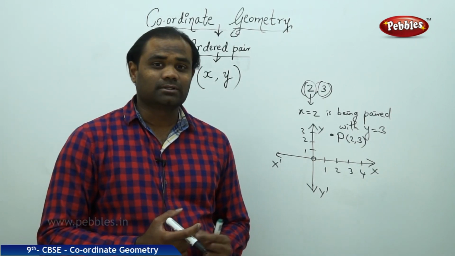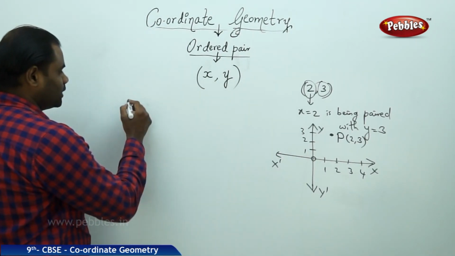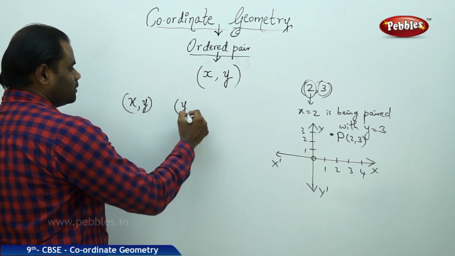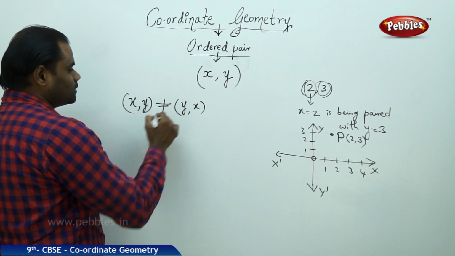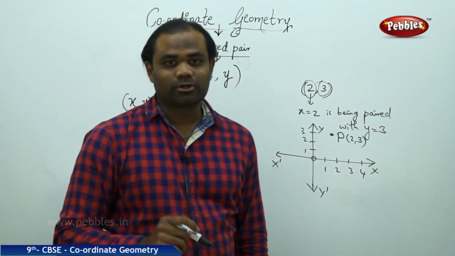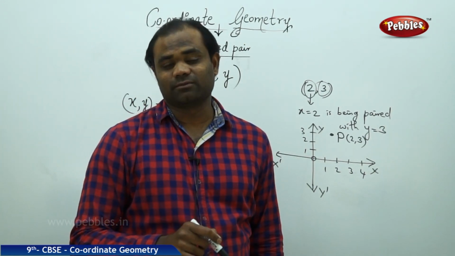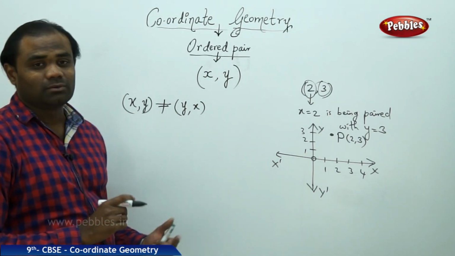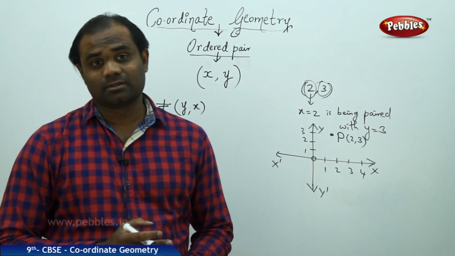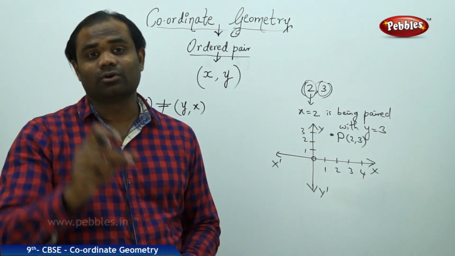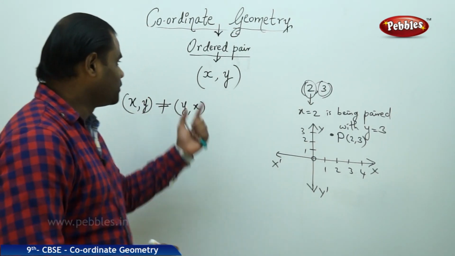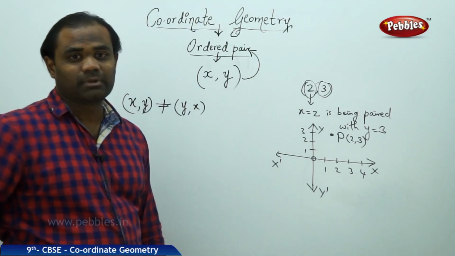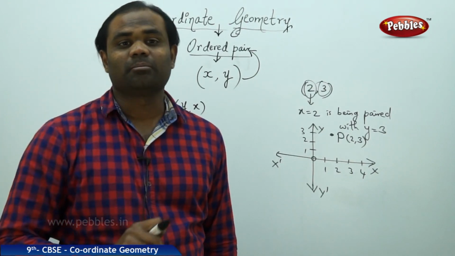It is very important that when you take the coordinates x and y in the pair, the reversed order will never be equal. This is an important note in the branch of mathematics. The pair (x, y) will never be equal to the pair (y, x) because they maintain an order, and hence every point (x, y) in the xy coordinate system or the Cartesian plane is called an ordered pair.